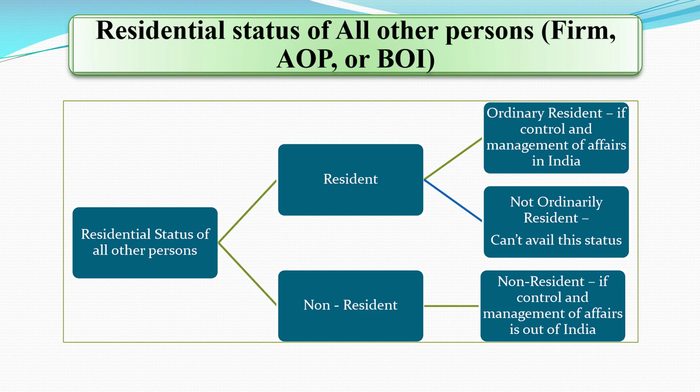If the control and management of the affairs of the AOP, BOI or firm is from India, then that will be considered as the resident of India. If the control and management of the affairs of the firm or AOP or BOI is from outside India, then that will be considered non-resident. And these types of persons can't avail the not ordinary residential status.